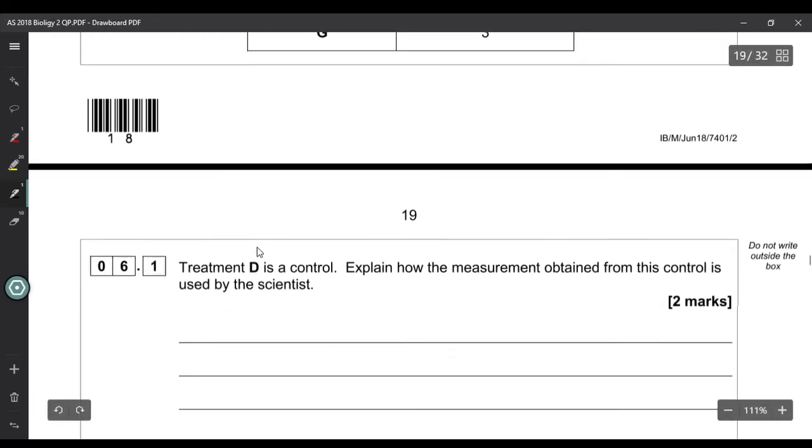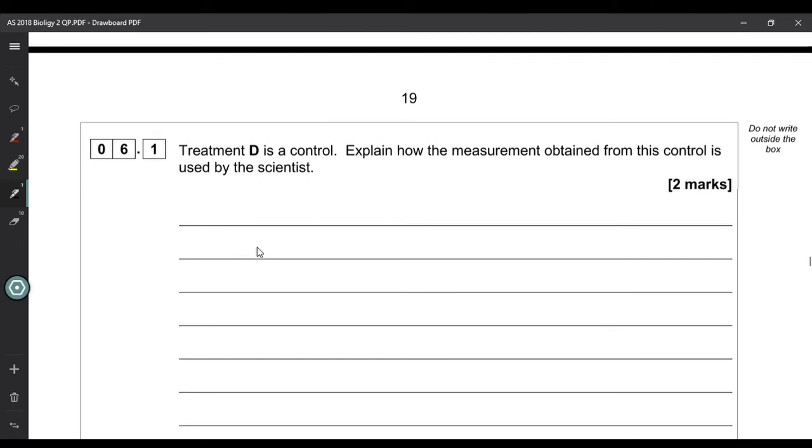So we need to explain why the measurement obtained from this control is used by the scientist.